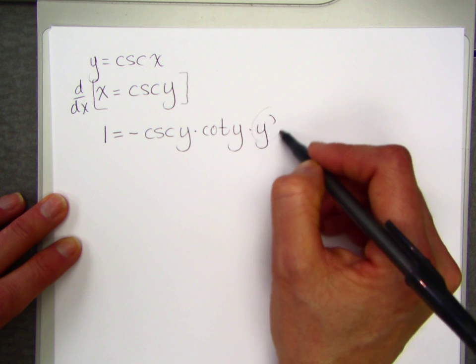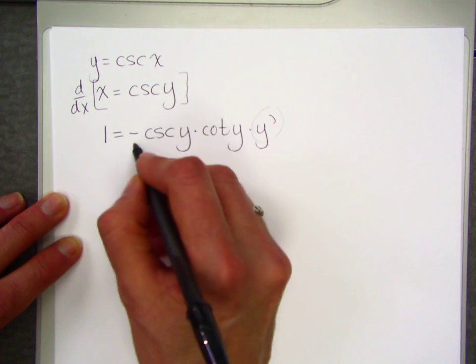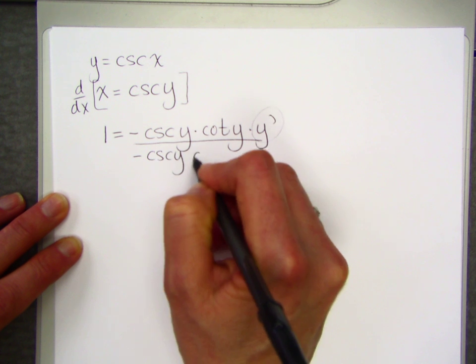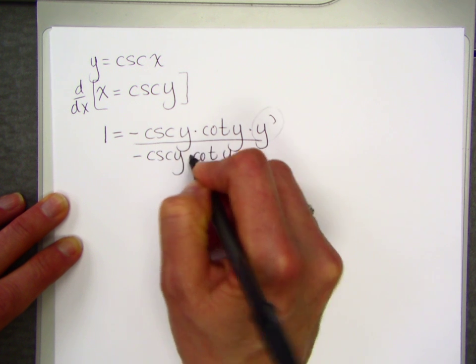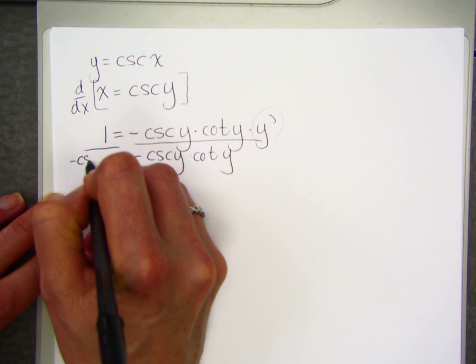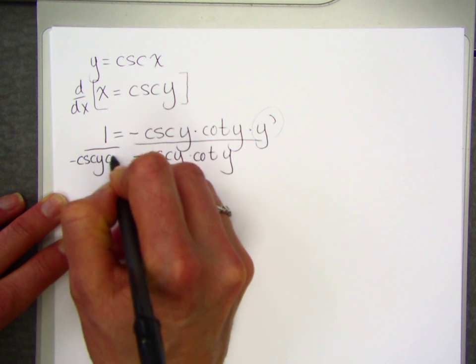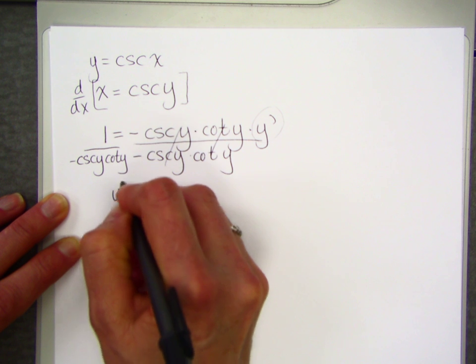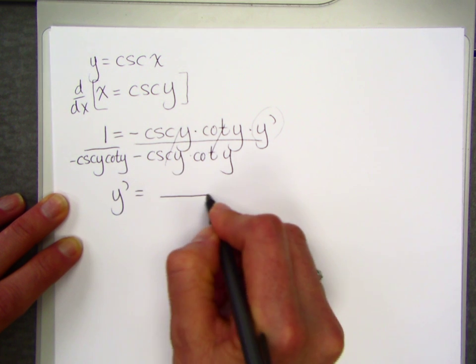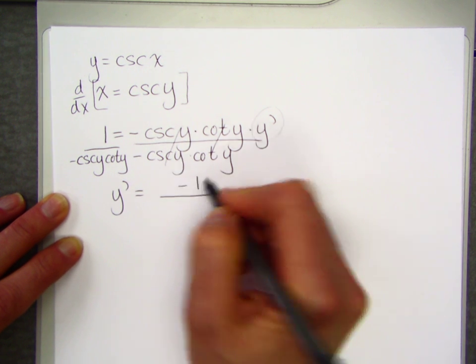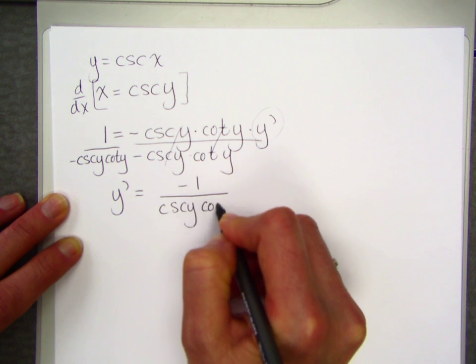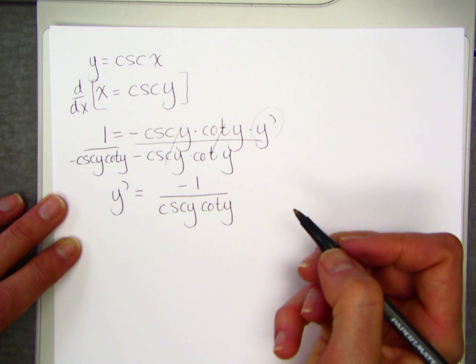All right? And then if we solve for y prime, essentially we end up dividing by all this stuff. These all cancel. And y prime would equal, again, I'm going to move my negative to the numerator, negative 1 over the cosecant of y cotangent of y.